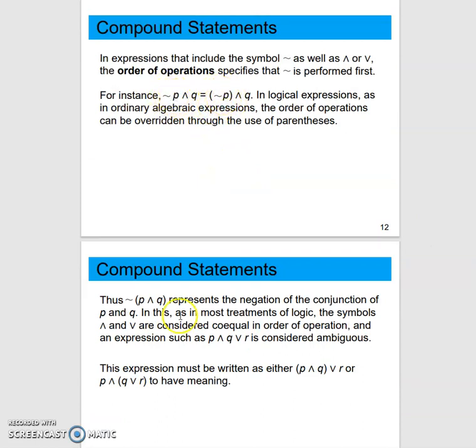We understand it to be on the P. That means if I want the P caret Q to all be not, I do need to have parentheses around it. Do note if we have ands and ors, as you can see in this statement, we do try to put parentheses to be very clear about which one we're going to do first.